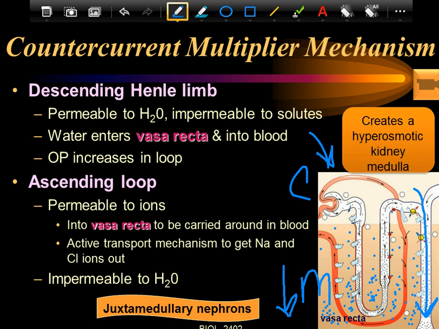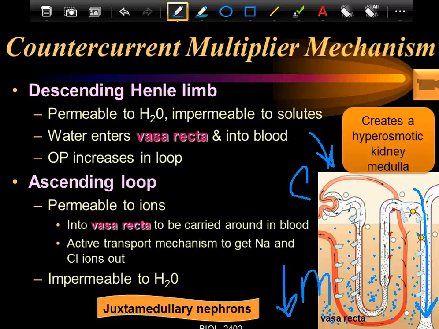So in other words, the countercurrent multiplier mechanism is a concentration of sodium in the medulla of the kidneys so that we can draw water out to follow it, remove it from the urine so you're not losing lots of water. Now, why is this important?